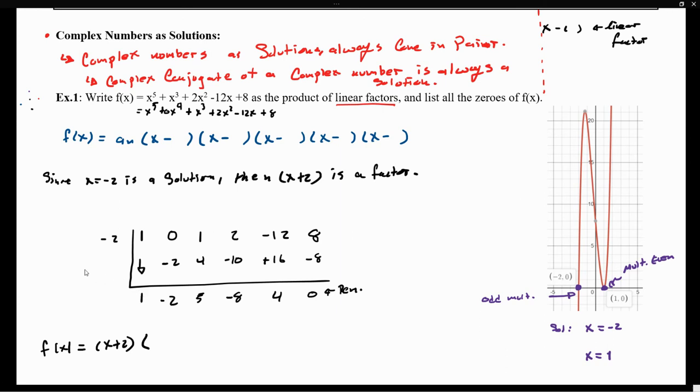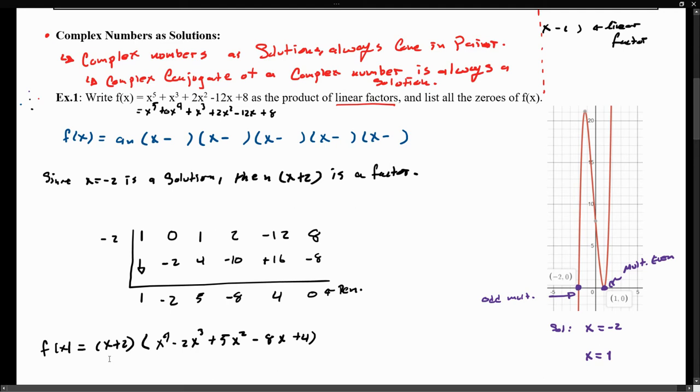So we're going to get 1x to the fourth minus 2x to the third plus 5x to the second minus 8x plus 4. So notice that now we know that the first value that we got here should be a plus 2. So we got the first linear factor out. Now we want to linear factorize it 4 more times, so what we're going to be concentrating on is now this polynomial here.